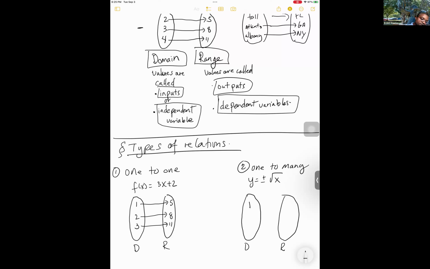The square root of 1 is -1 and +1. The square root of 4 is -2 and +2. In a one-to-many relation, one element gets mapped onto many or more than one element.